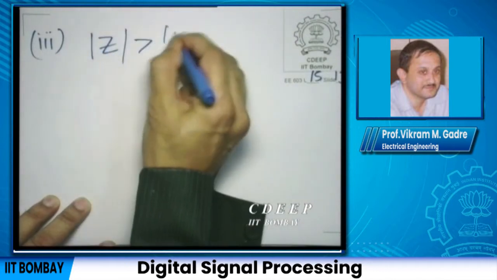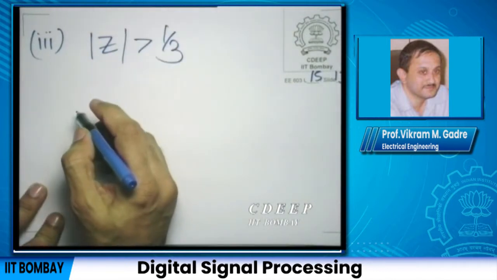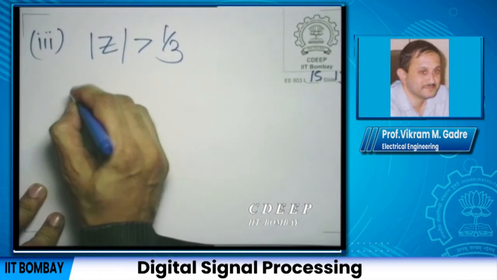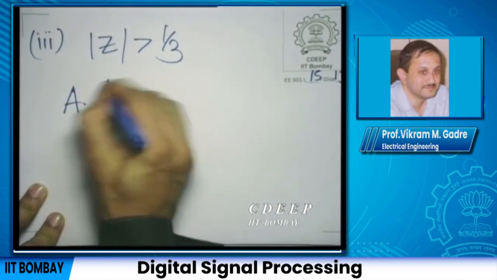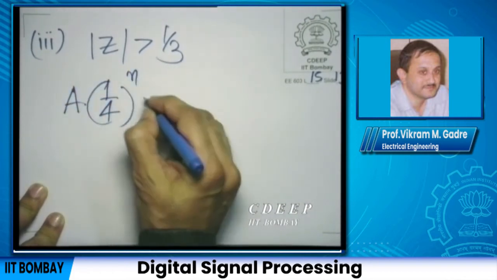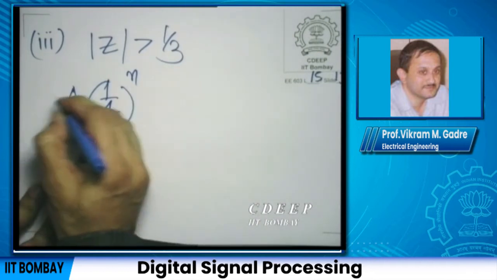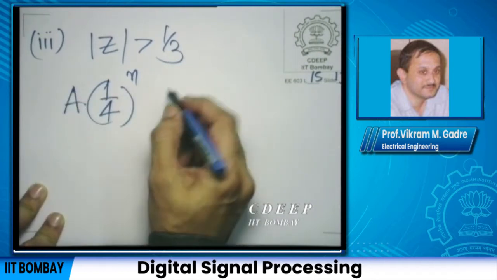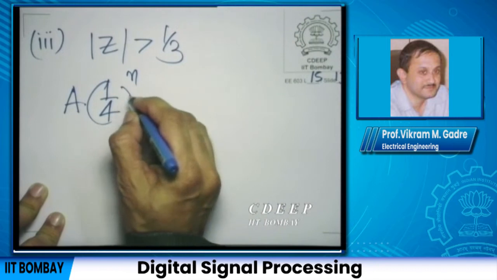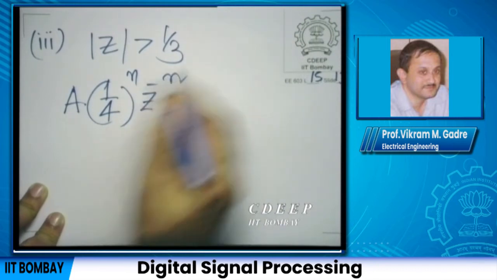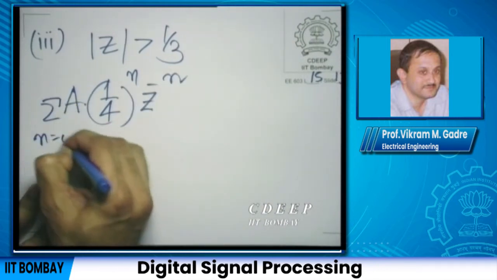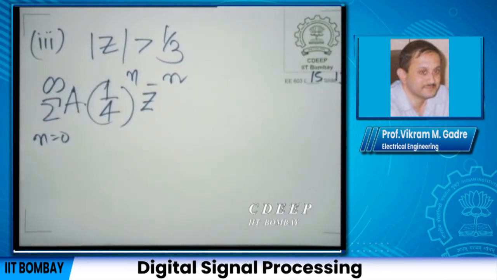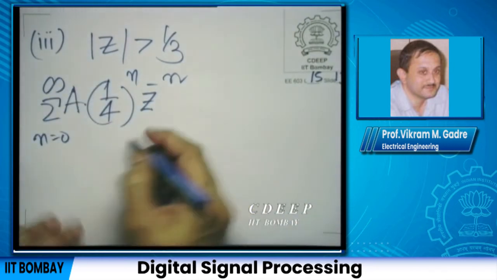Mod z is greater than 1/3. So, of course, the expansion proceeds as A times 1/4 to the power of n z raised to the power minus n, if you please, summation n going from 0 to infinity. Recall, you must always keep the powers of z there.